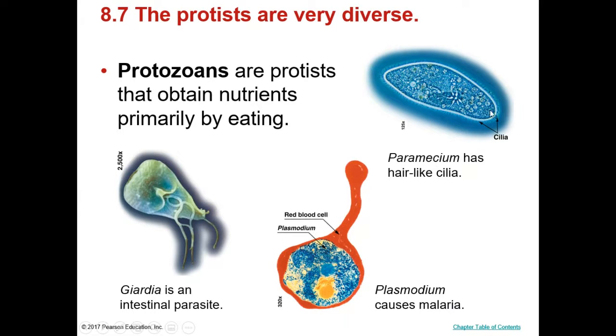These are some examples. Paramecium, for example, with their cilia; Giardia, which is an intestinal parasite; and Plasmodium, which can cause malaria by interacting with our red blood cells.